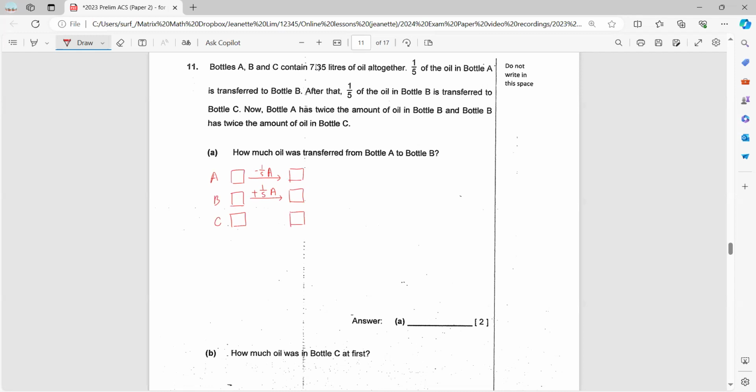The second transfer is from B to C. So this time, this 1/5 is referring to the proportion of B. So both have to be 1/5 B. All right, so the total will always be 7.35.